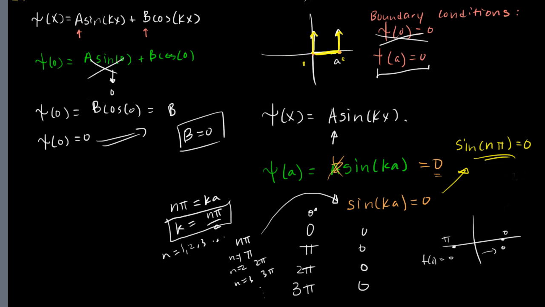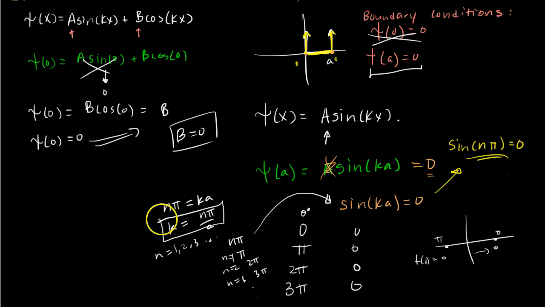Why? Because what is k? Let's rewind back to when we made k. We said that k was our dummy variable consisting of all the constants we have. So we said k was equal to the square root of 2mE over h bar. Now watch this.